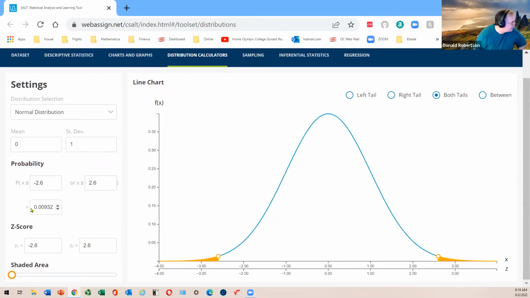And the answer you get is 0.00932. We'll see this in a second. So it's 0.00, and I'm just writing to 4 decimal places again.